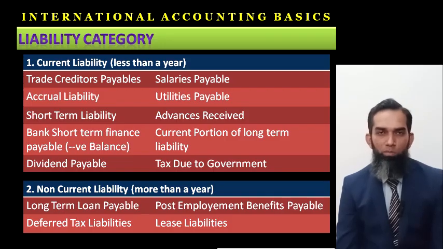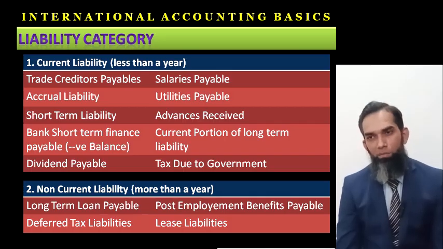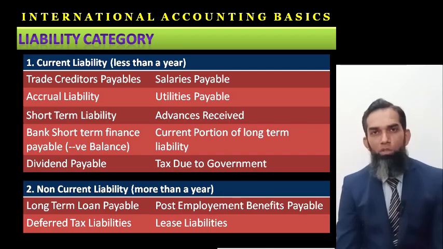If the company has to pay something to the government as a liability, like sales tax, value added tax, income tax, property tax, and other taxes, they are covered under tax due to government, and it is a current liability. If we talk about bank short-term finance payable, the company acquires short-term finance with the intention to improve its working capital for a shorter period of time.